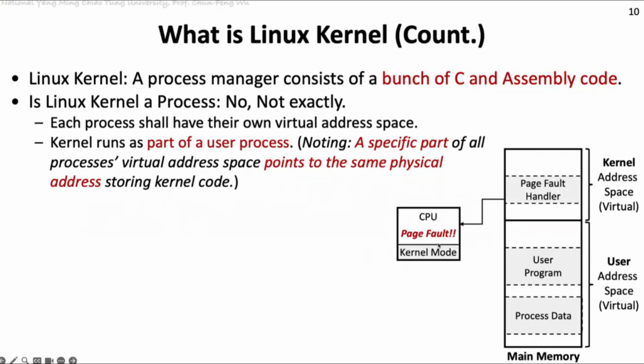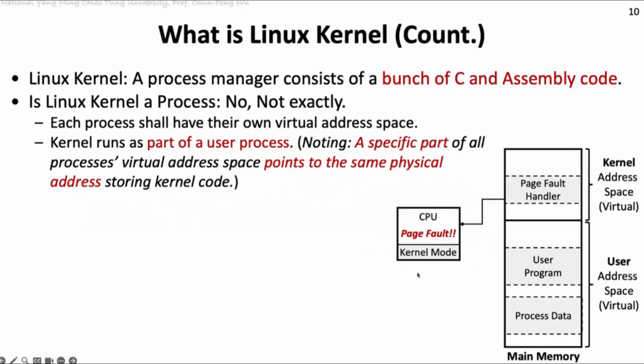Usually, to know what kind of page fault it is and what to do next, we need a page fault handler, which is also part of the operating system. So when we execute this kind of operating system code, the CPU needs to switch its mode and then execute it.